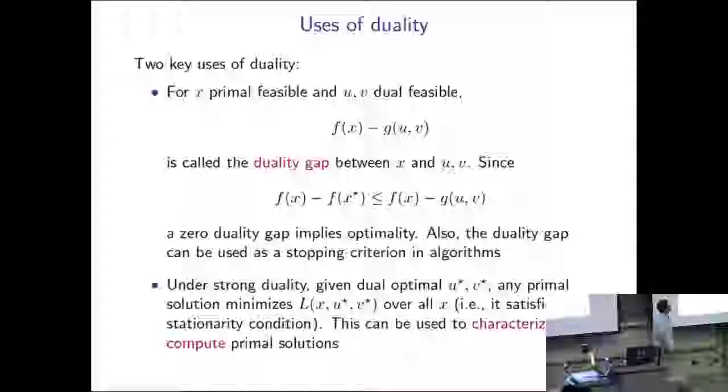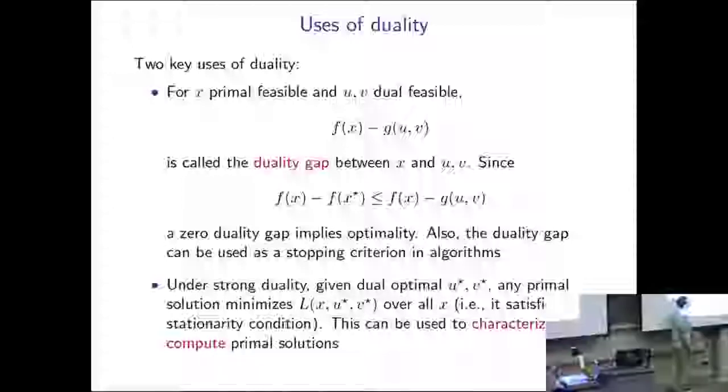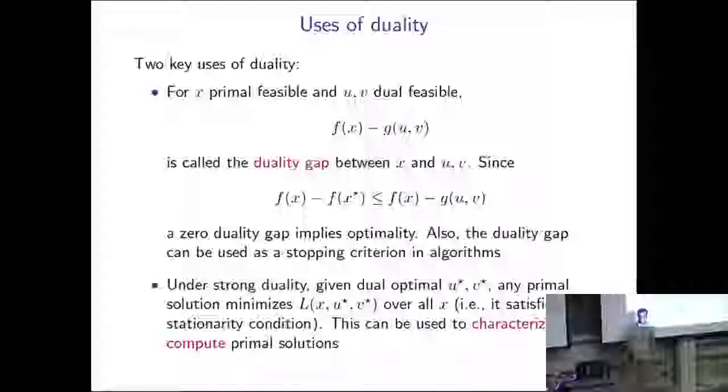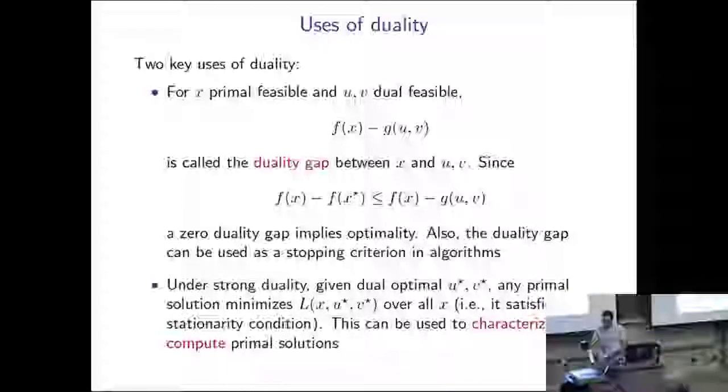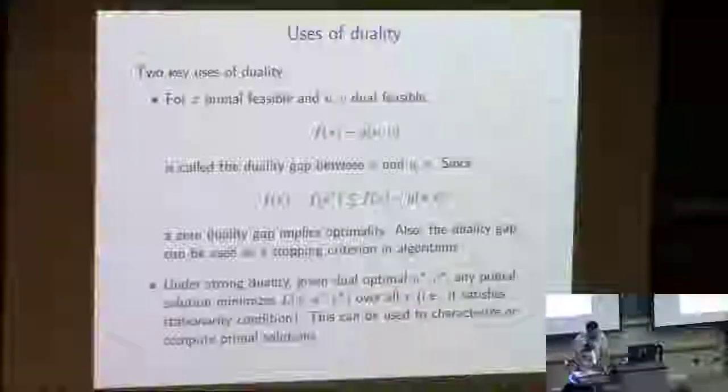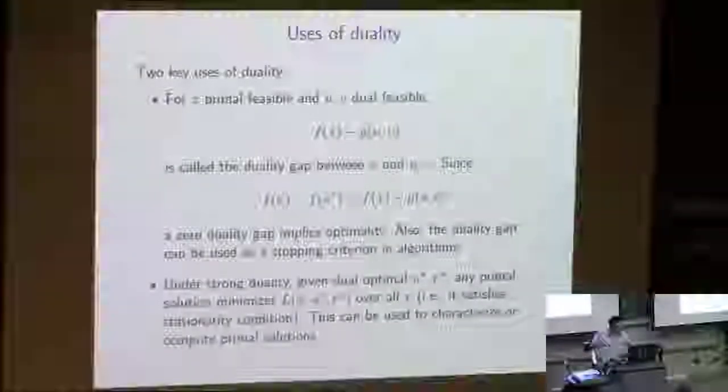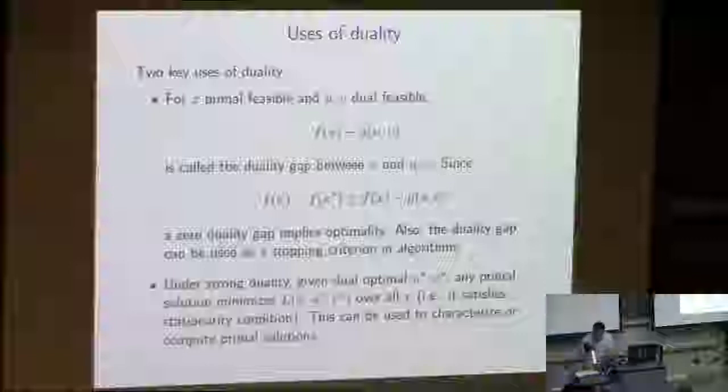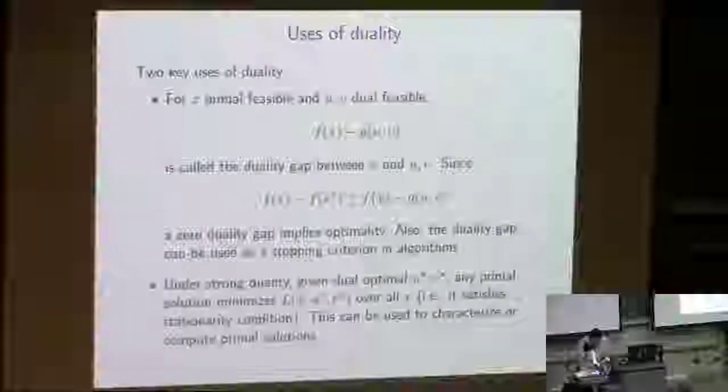And because we've constructed the dual in such a way that any dual feasible u and v give us a lower bound on the primal criterion, right? We've constructed the dual so that this is true for all dual feasible u and v.